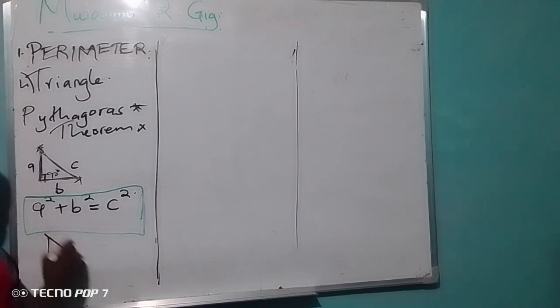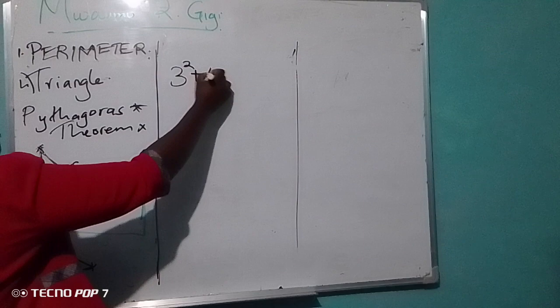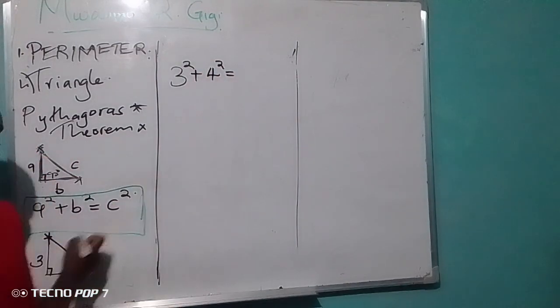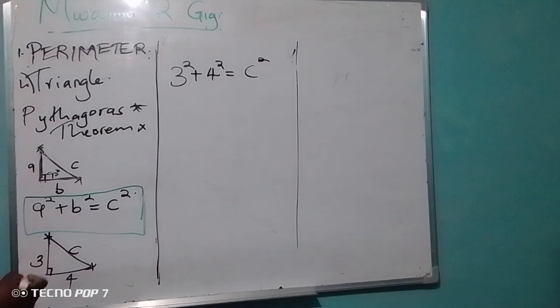For example, this triangle, the right angle triangle, if this one is 3, this one is 4, to find this side, you will say 3 squared plus 4 squared is equals to this side c squared. Sawa?